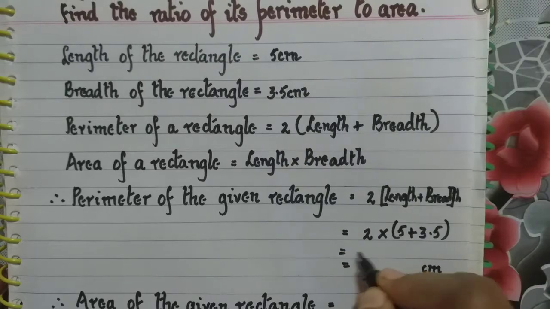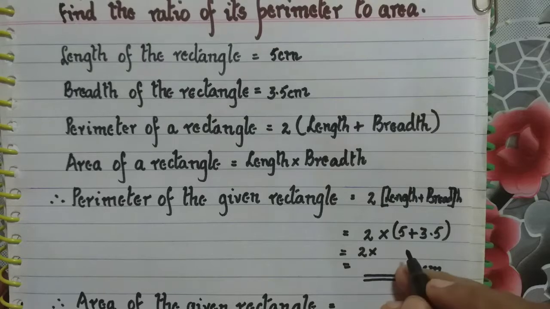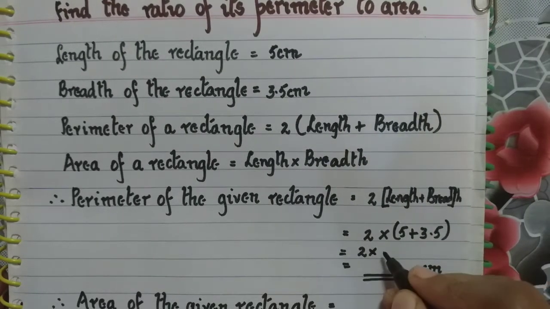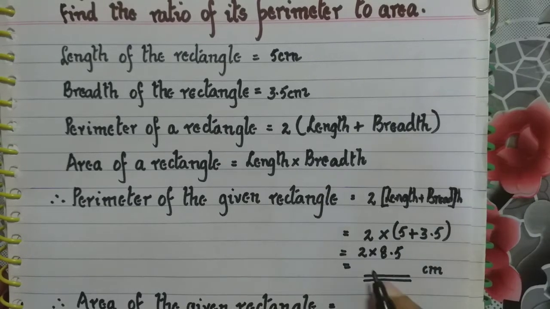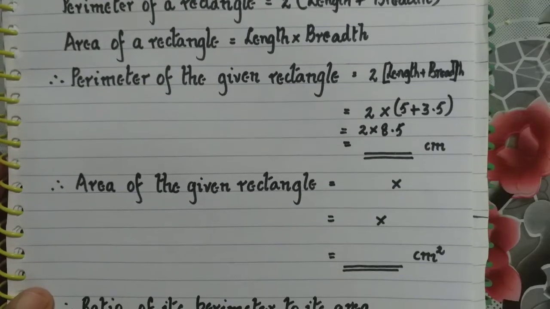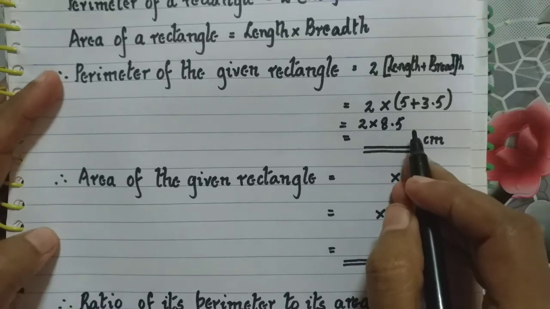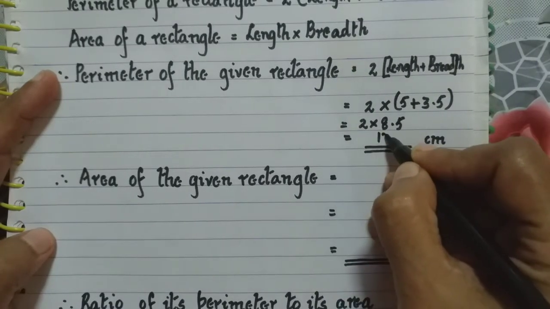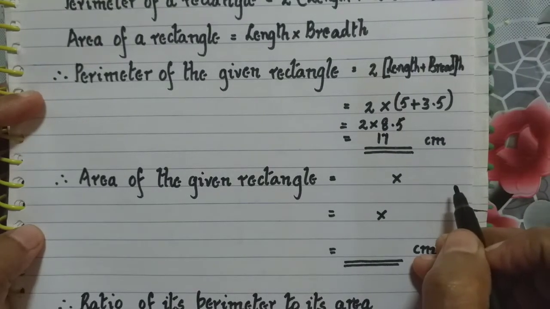So that is equal to 2 into 5 plus 3.5. 5 plus 3 is 8. 5 plus 3.5 will be 8.5. So we have here 8.5. Now multiplying 2 into 8.5. 2 into 8 is 16. 2 into 0.5 is 1. So 16 plus 1 is 17. So the perimeter will be 17 centimeter.